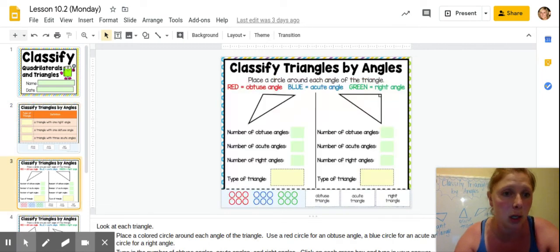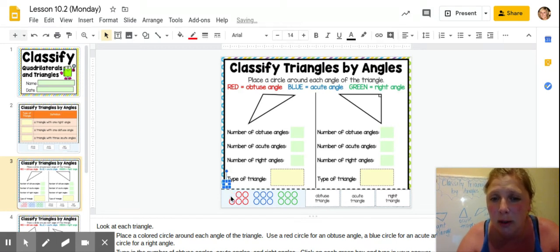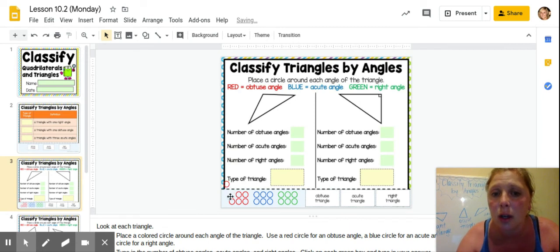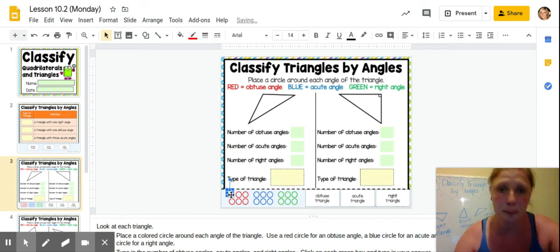The next one says place a circle around each angle of the triangle. Red would be an obtuse, blue would be an acute, and green would be a right. So these move. You can move them. I don't know why it's not letting me move right now. Okay, so they move. You're going to move those and drag them.